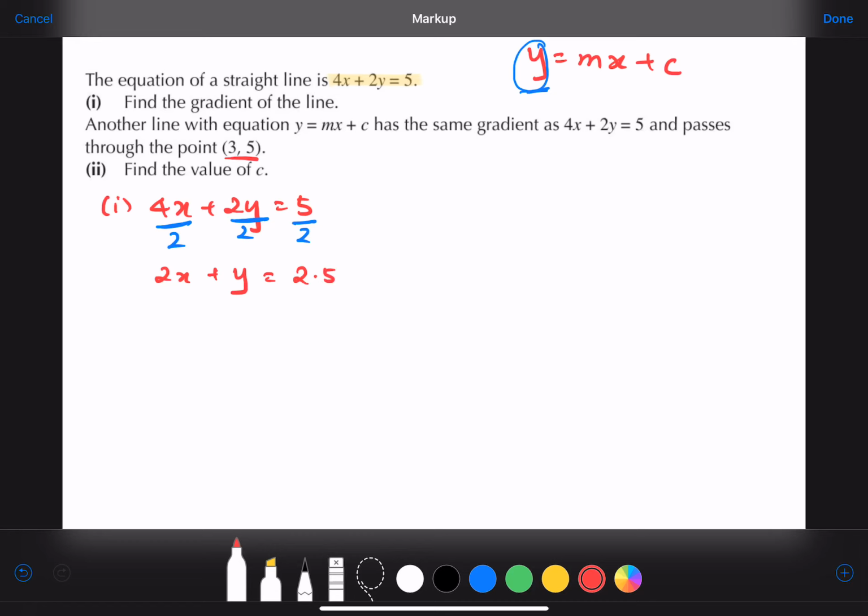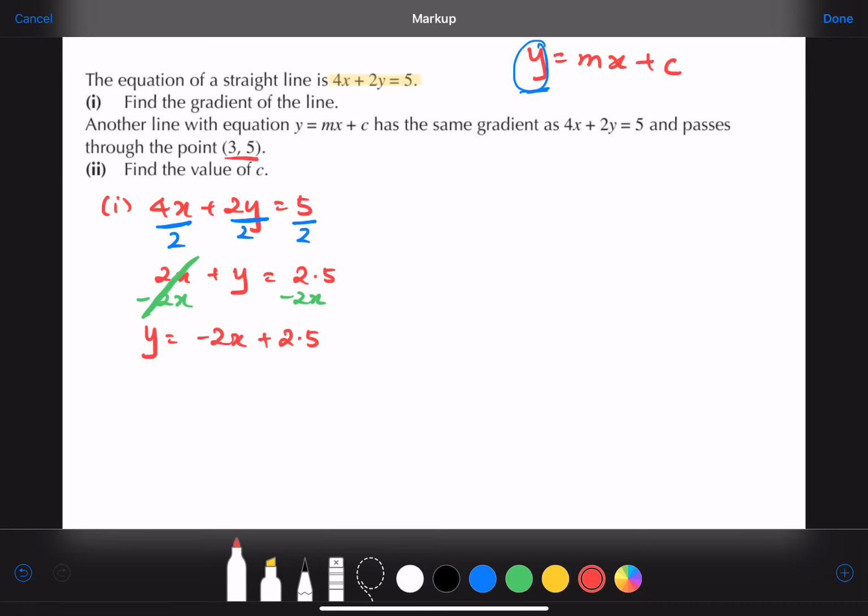And we need to try to make y the subject on the left hand side. In order to get rid of the 2x, I'm going to do a balancing of minus 2x on both sides. So what I'm going to have is y equals negative 2x plus 2.5.